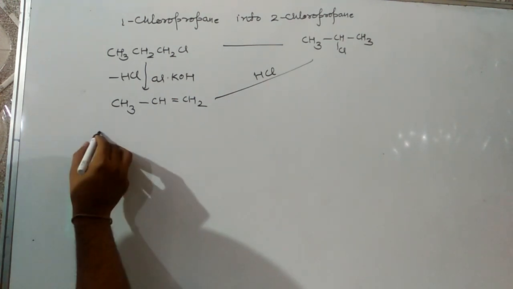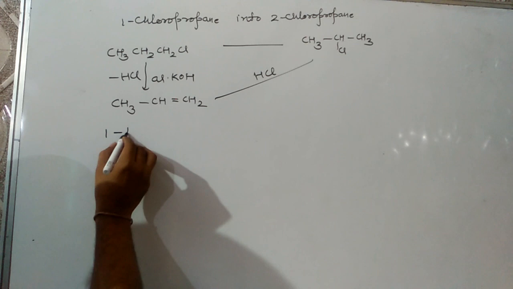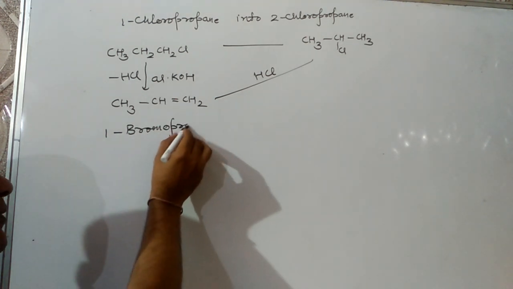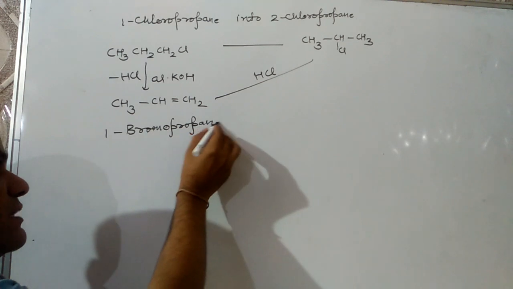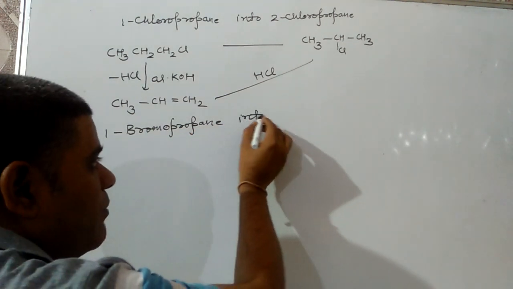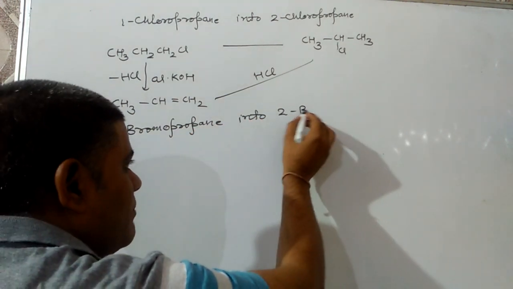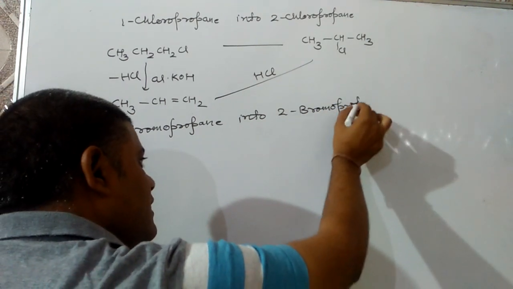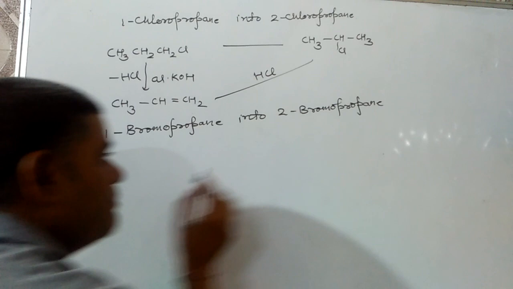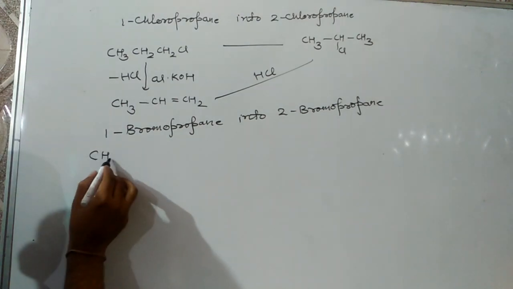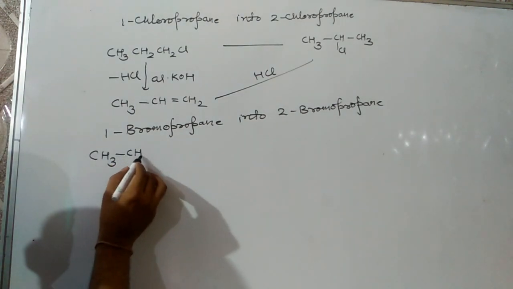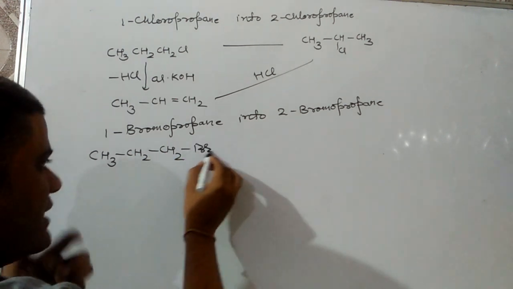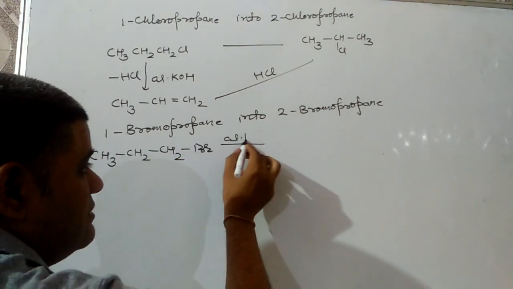Next question may be: convert 1-bromopropane into 2-bromopropane. Here too, we can proceed in the same way. 1-bromopropane, CH3CH2CH2Br, is reacted with alcoholic KOH.